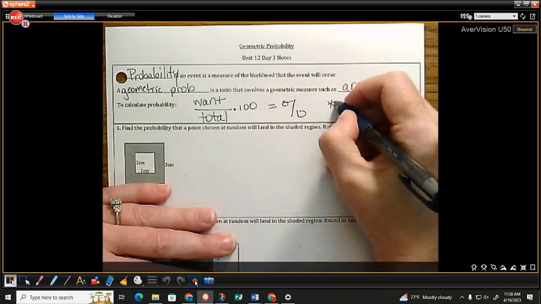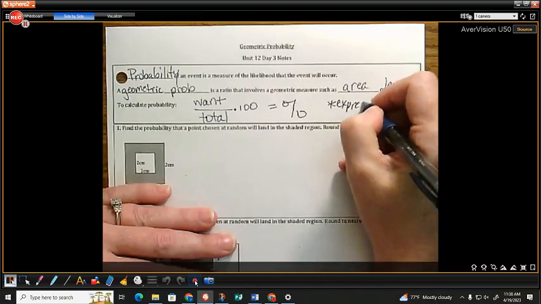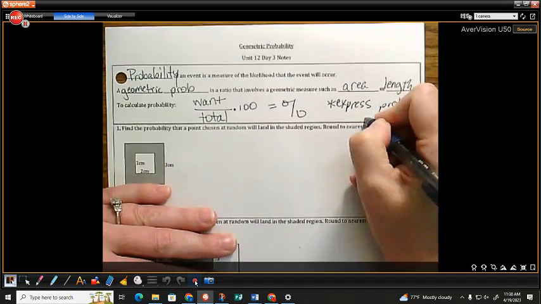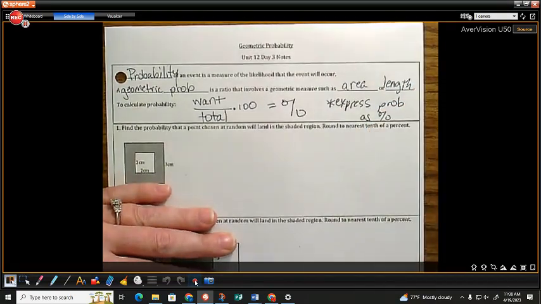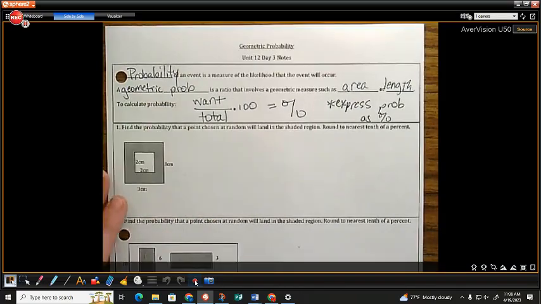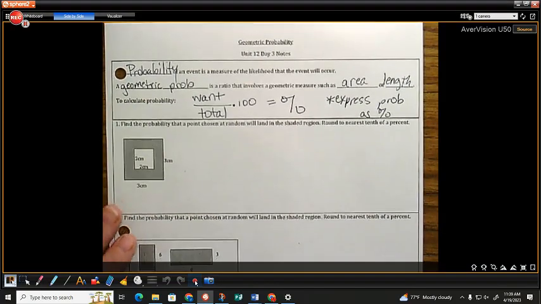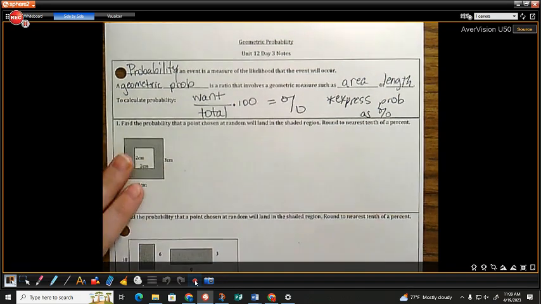And so we're going to always express probability as a percent. Okay? And that's the only new thing you're doing today, is taking all the junk you've already learned and finding probabilities. So if you're already good at the other stuff, this is going to be short and sweet.